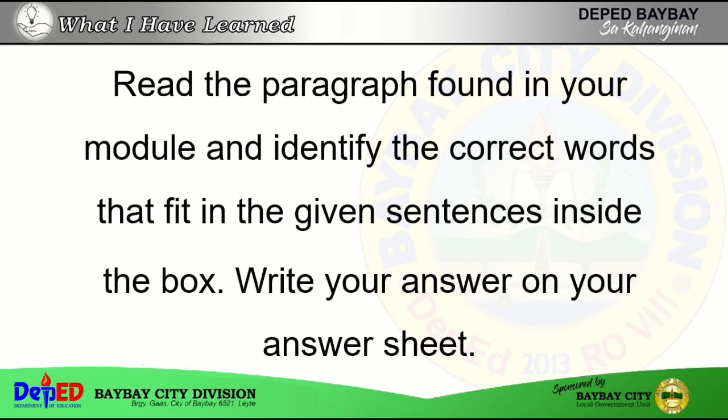Read the paragraph found in your module and identify the correct words that fit in the given sentences inside the box. Write your answer on your answer sheet. Make sure that you go on answering all the remaining activities of this module.